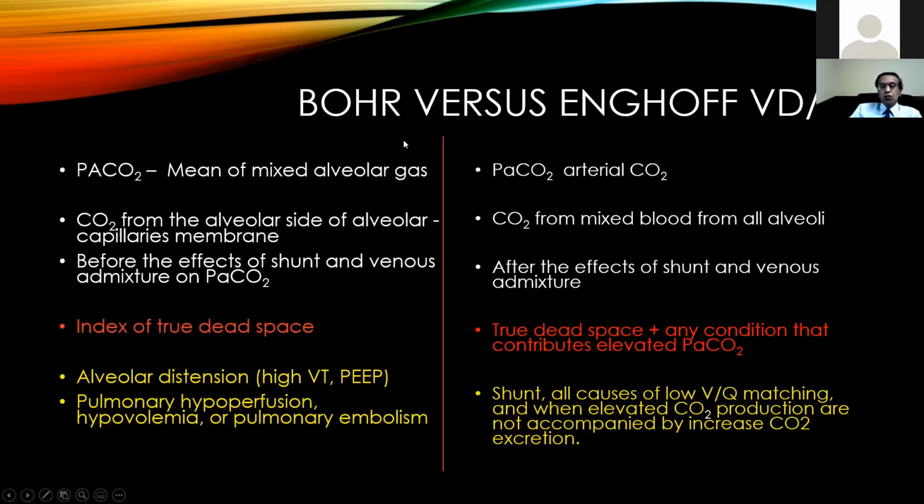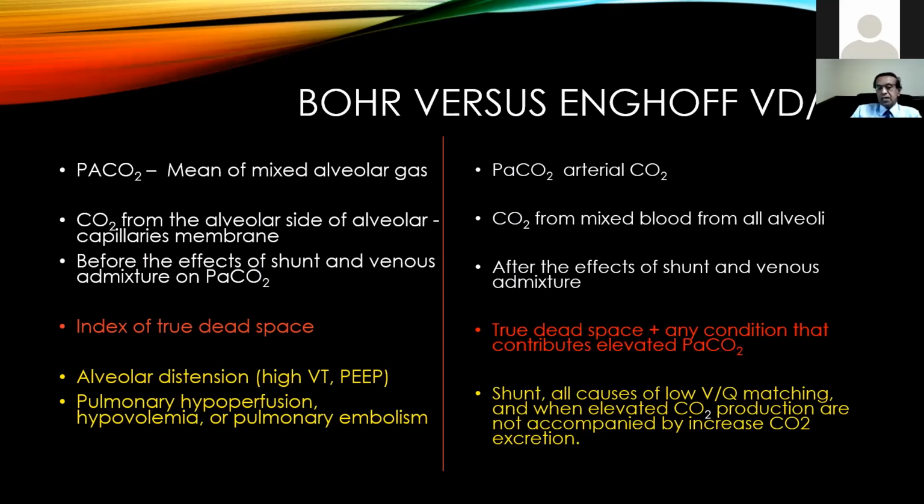So, Bohr versus Enghoff's physiological dead space, what are the major points? In Bohr's physiological dead space, we use alveolar PCO2, whereas in Enghoff's modification, we use arterial PCO2. Here we use the CO2 from the alveolar side of the alveolar capillary membrane, whereas here the CO2 is used from the mixed blood from the alveoli.